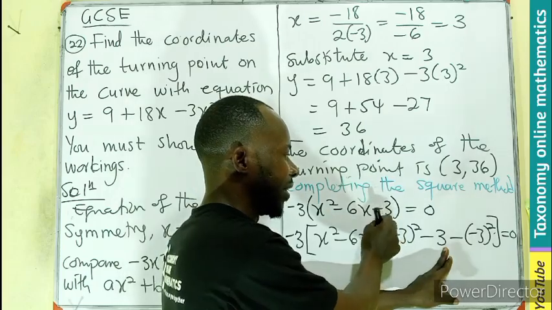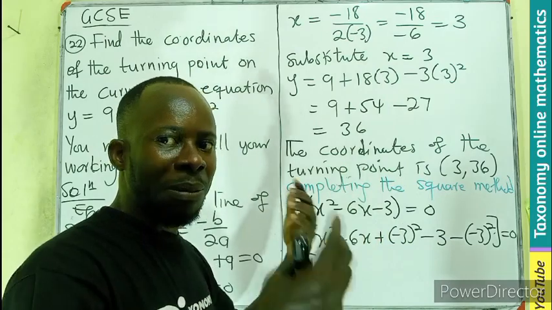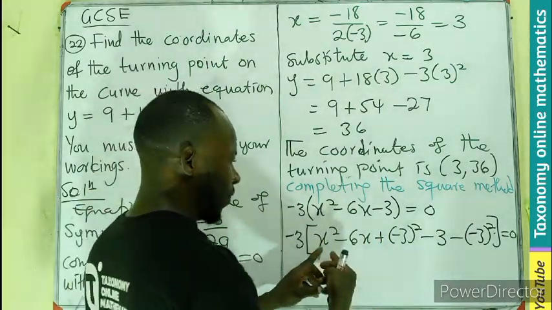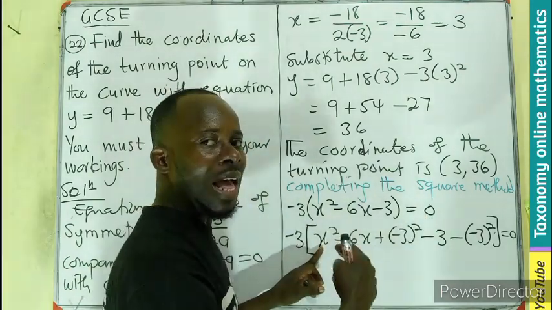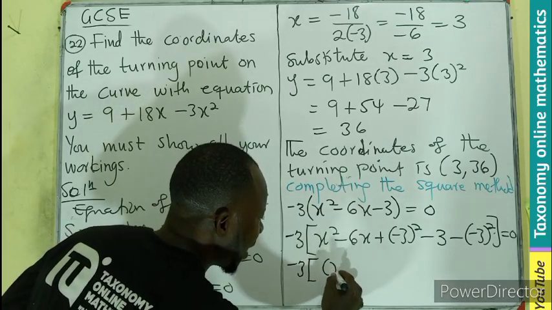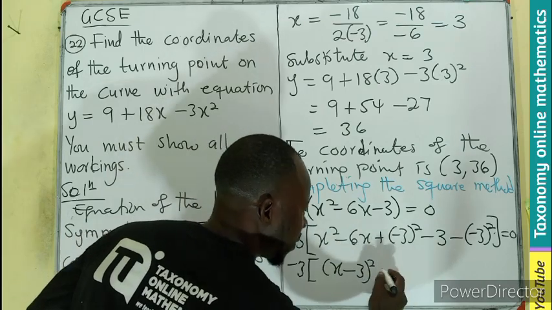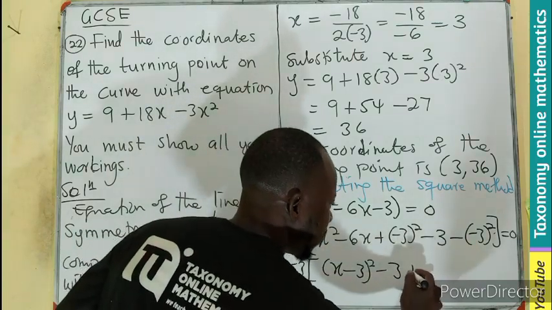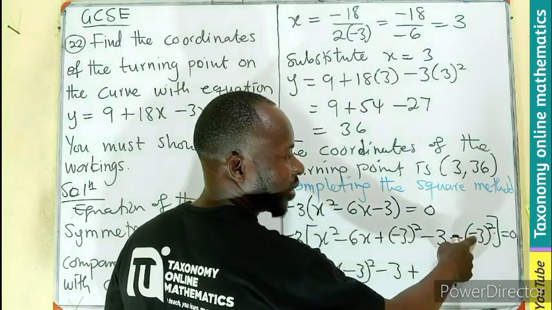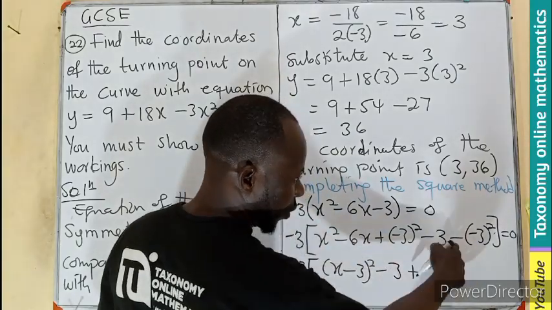If it were on the other side, I'd be adding this to both sides, which is the same as subtracting it from both sides. So what do we do? The first 3 terms form what we call a perfect square. So this is going to be minus 3 outside, x minus 3, all squared. Minus 3 times positive 9 here, because negative 3 squared is positive 9, so it will be negative.